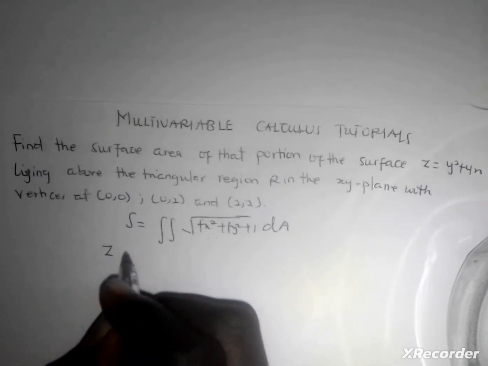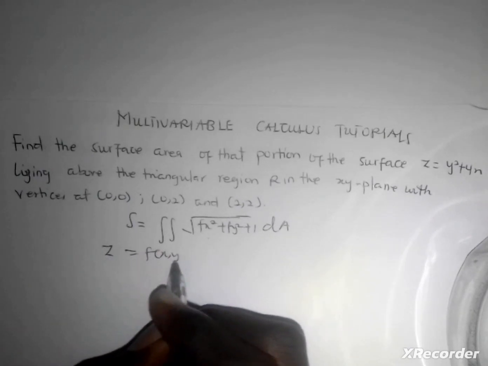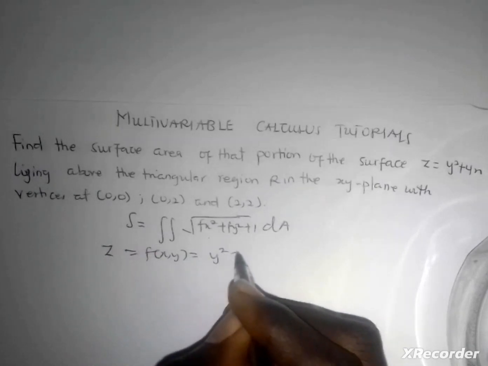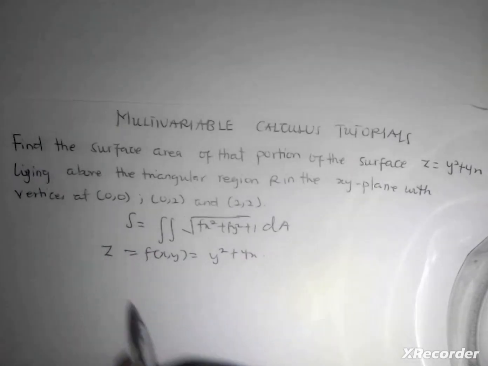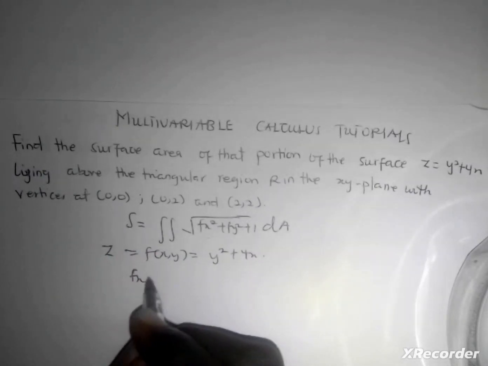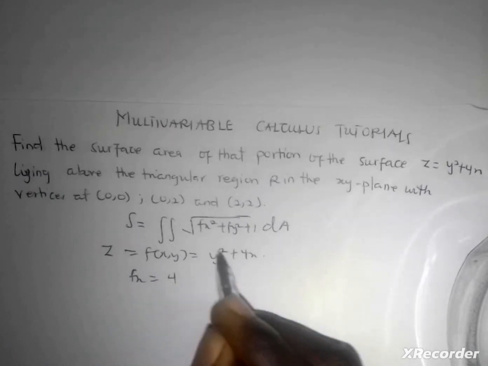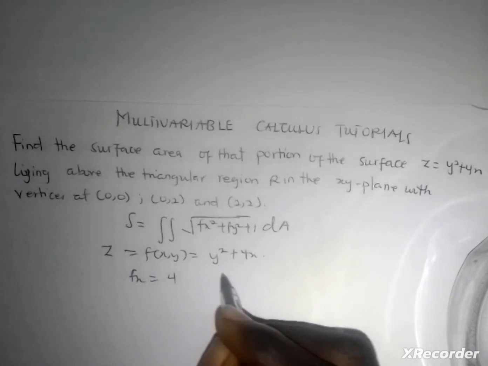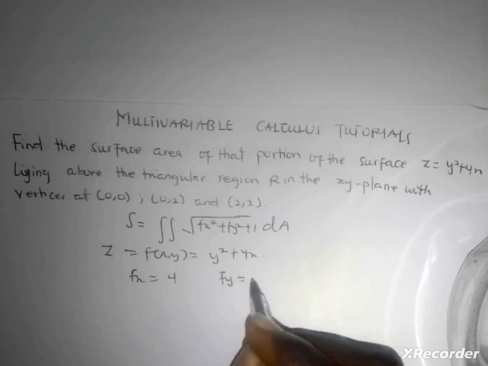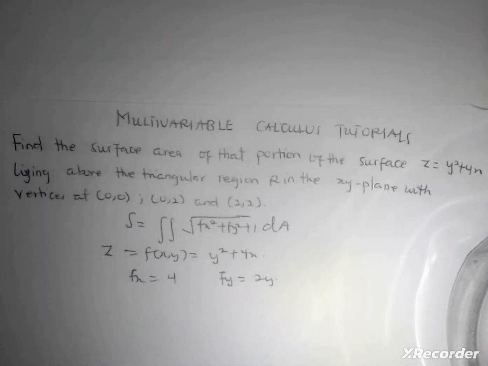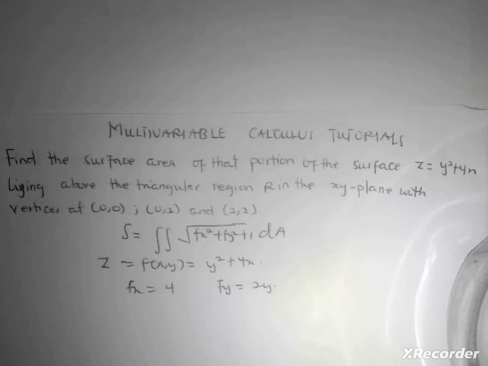Given the function z, which is a function of x and y, and is equal to y squared plus 4x, the partial derivative with respect to x, fx, is simply 4. The 4x becomes a constant and the y squared term goes to 0. The partial derivative with respect to y is 2y. Once you have this, we proceed to finding our square root expression.